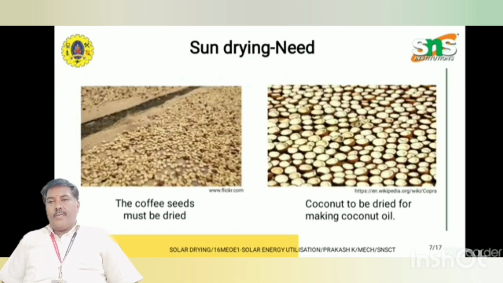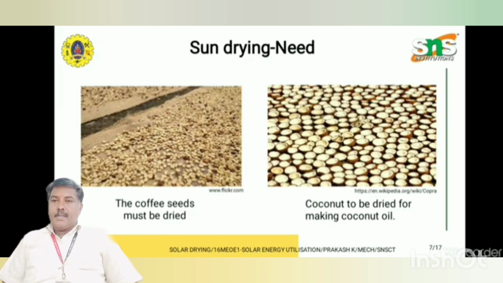And also here we can see that the same coffee seeds and coconut are dried in large quantity, and in the coffee seeds and the coconut, the removal of the moisture content has to be more and more, because the quantity of the material and the hardness of the material is different from product to product.